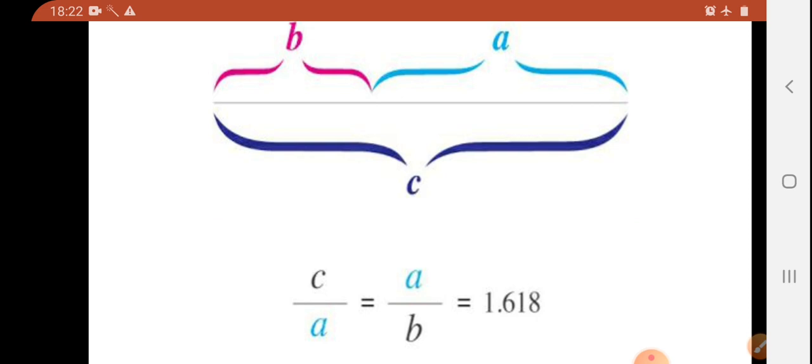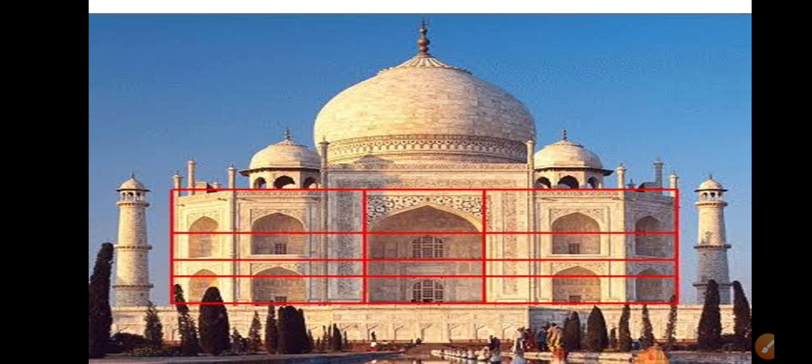The golden rule is applied in our day-to-day life, in our human body, and in our world. Different types of beautiful architecture, like the Taj and other buildings, use the golden rule of mathematics.